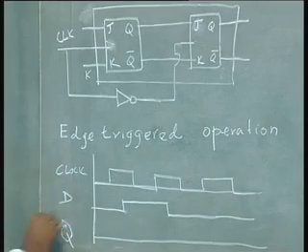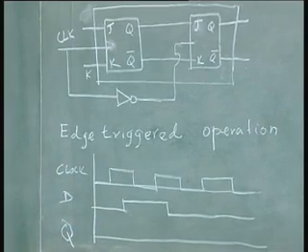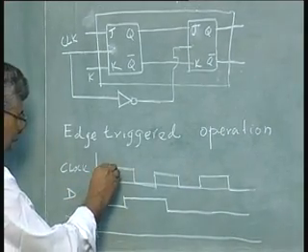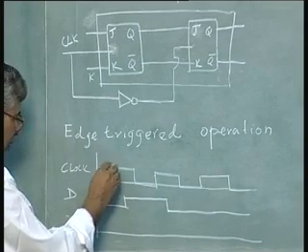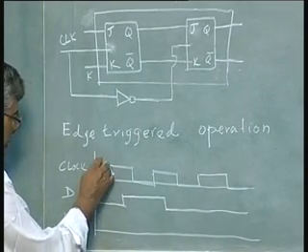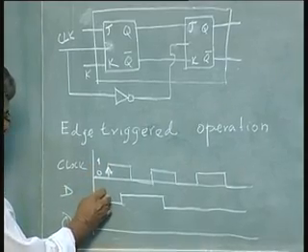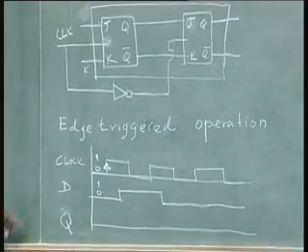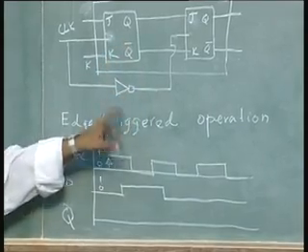It is a simple D flip flop I am talking about. Let us say only when the positive clock edge, or the positive transition of the clock from 0 to 1, any change in the output will happen based on the input.